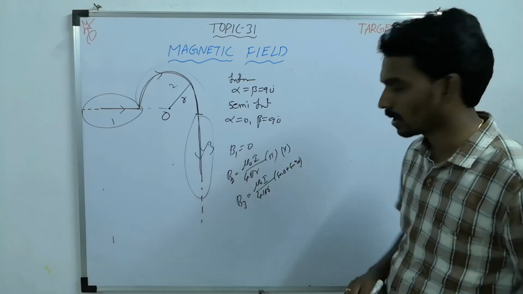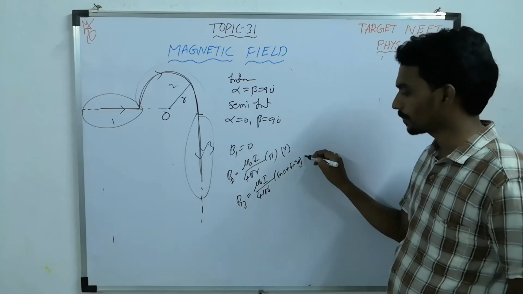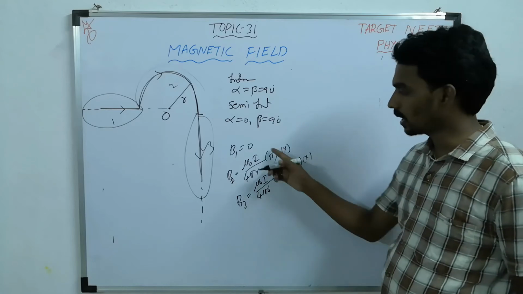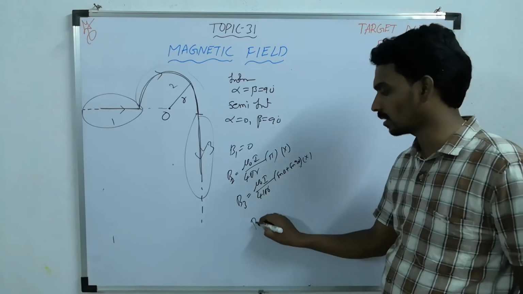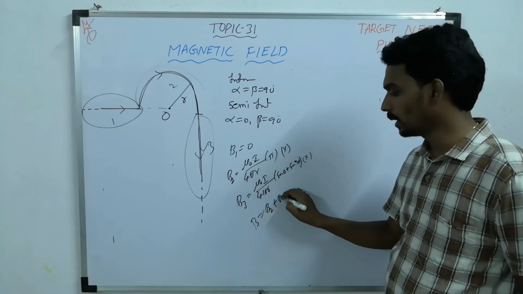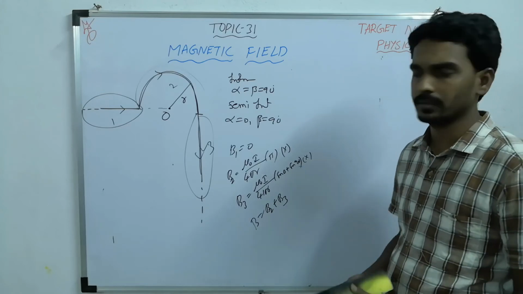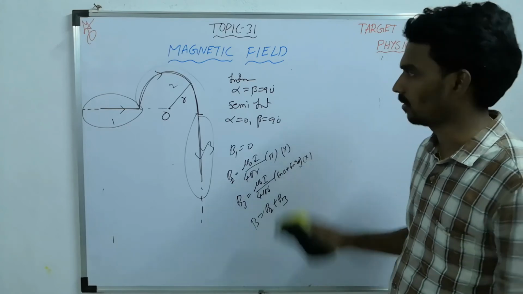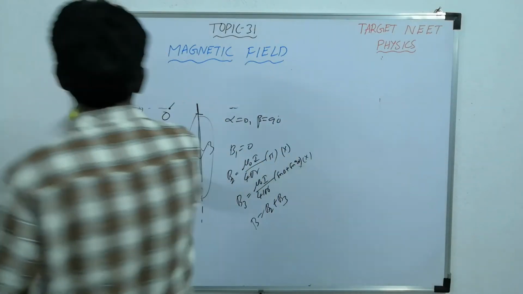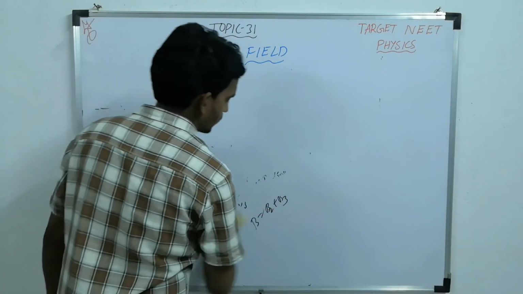How much? Mu naught I by 4 pi r. But this is also inward. So both are inward, both in a similar direction. Then the resultant will be B2 plus B3. This is the resultant magnetic field. This is how you have to solve. Now let me explain one more question so that you can understand in a better way.